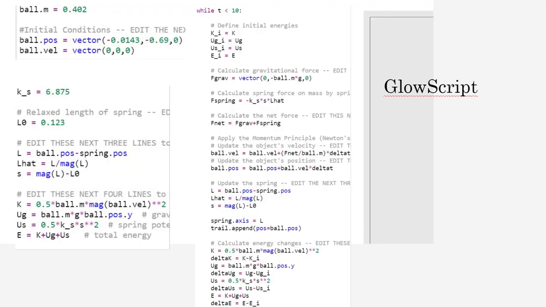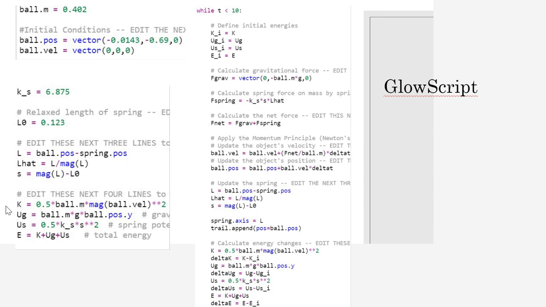So here is the GlowScript code. I put in the initial conditions such as the ball's mass, position, and velocity. I also put in the spring constant here of 6.875, as well as the relaxed length of the spring, which is 0.123. Then we can update the spring length by these three equations right here, which updates using L naught and such.